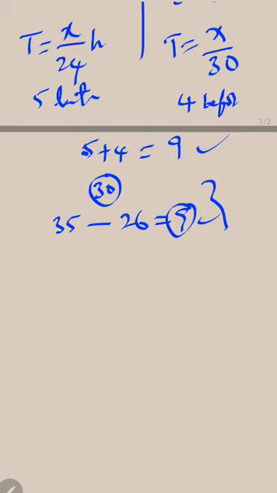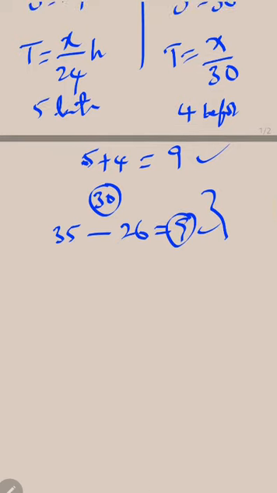First we write x by 24. In the first case the speed is less, that is 24, and the second time 30. Less speed means more time it takes. So we write x by 24 minus x by 30 equals 9 minutes.